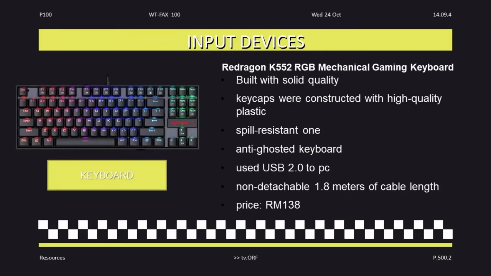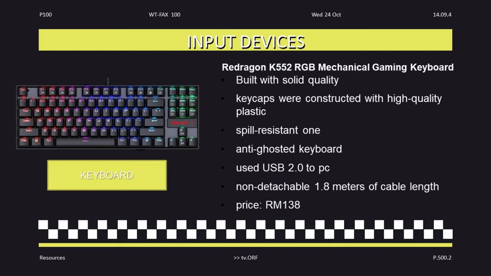Okay, so the first input device that we suggested to Nawal is a keyboard. The chosen keyboard was the Redragon K552 RGB mechanical gaming keyboard. This keyboard was built with solid quality and the keycaps were constructed with high quality plastic. This keyboard is anti-ghosting, where you can press every key at once and it still registers the input.